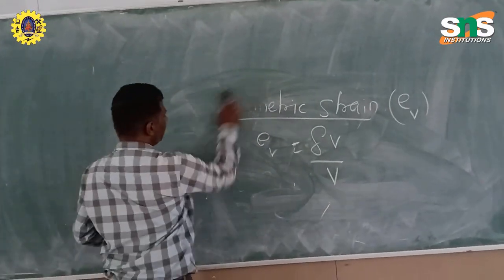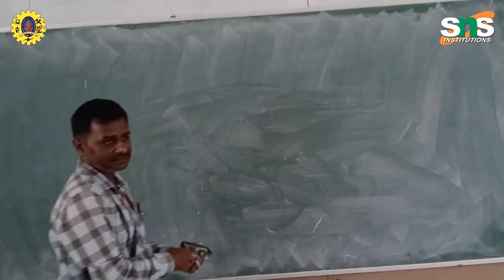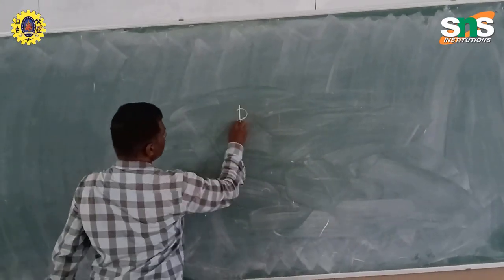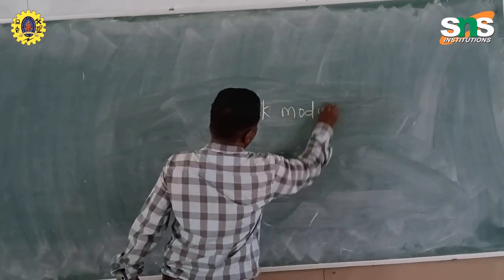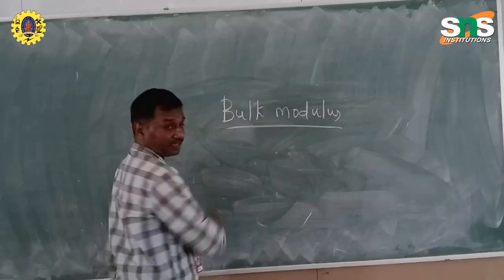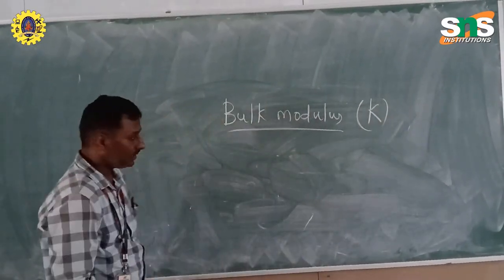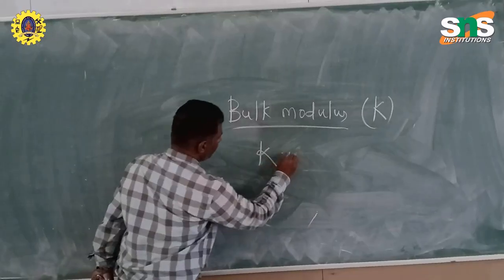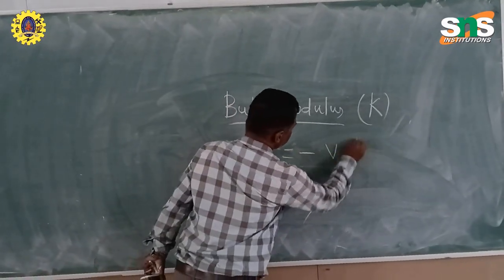Finally, we move on to another parameter called bulk modulus. Bulk modulus is represented by the letter K. Bulk modulus is equal to minus V into dP by dV, generally.